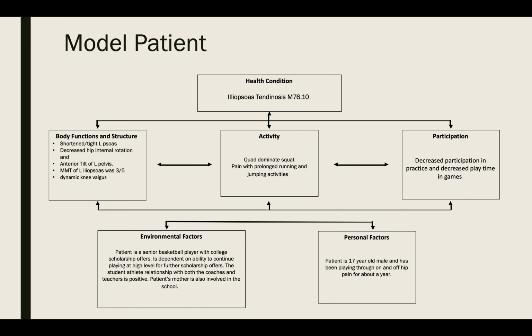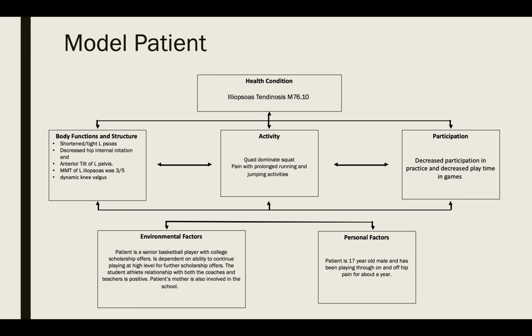As far as activity is concerned, the patient does present with a quad dominant squat. They have pain with prolonged running and jumping activities. This patient participates in basketball, is a basketball player. Specifically, he's a senior with some scholarship offers.